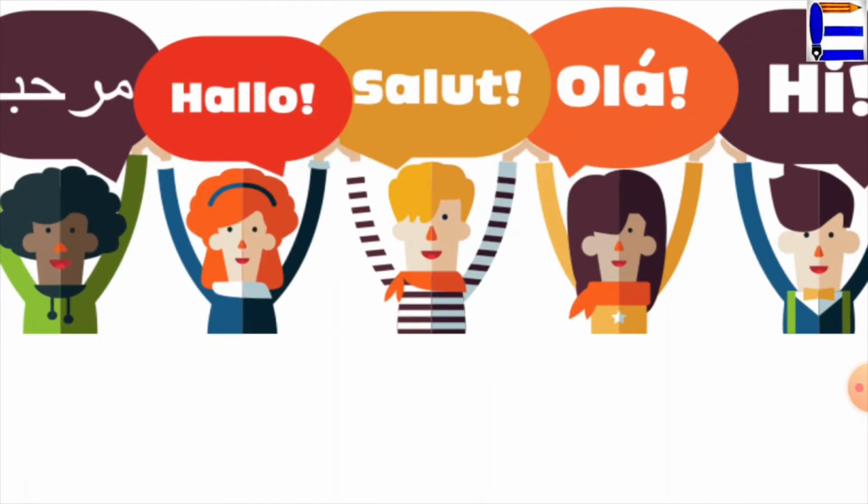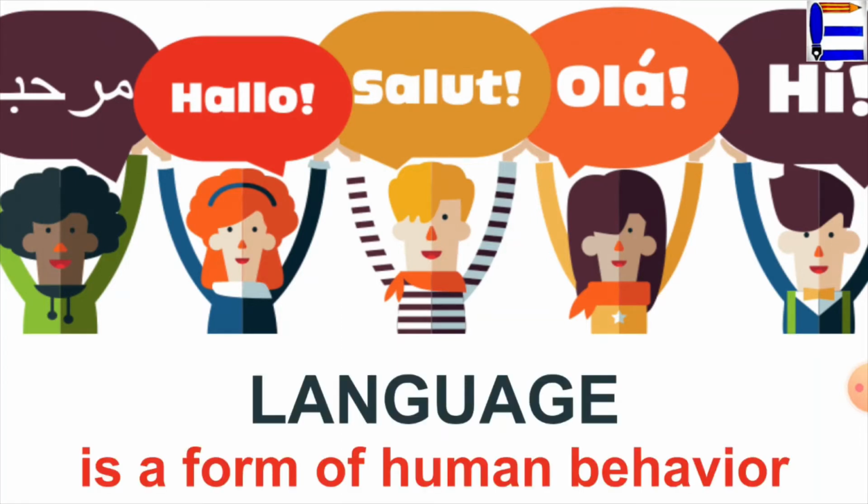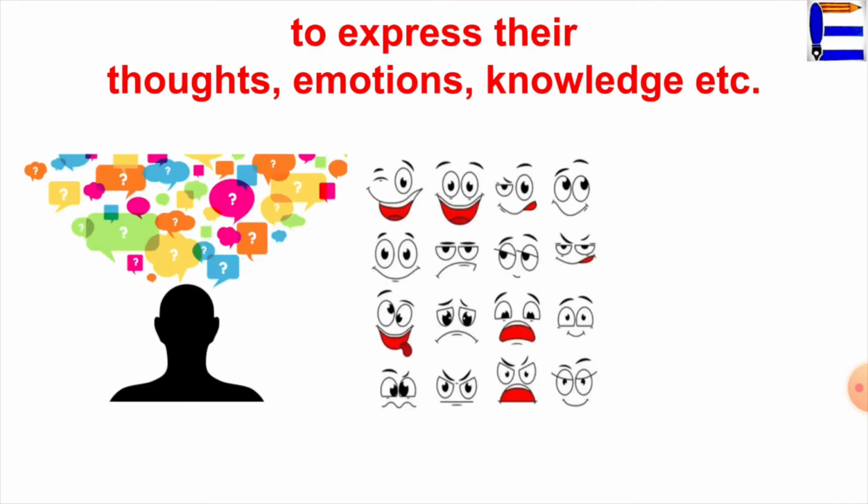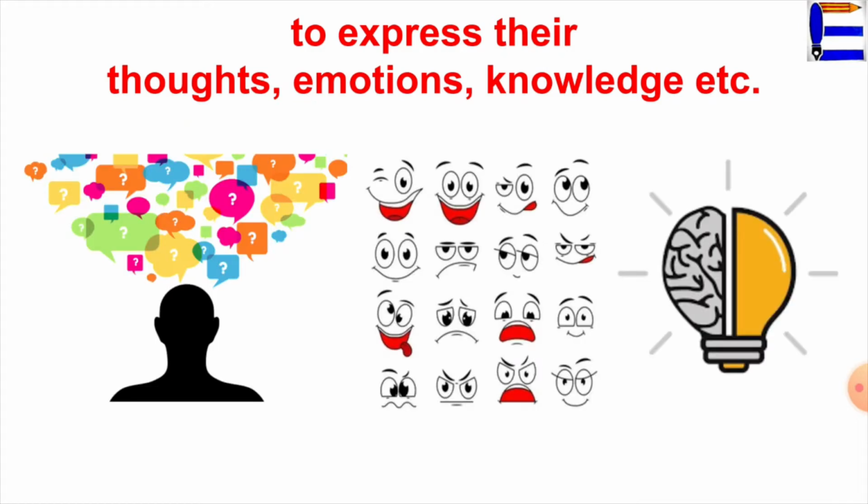Human behavior includes a variety of actions and habits. Among those, language is one. Language as a habit is the form of human behavior which we humans use as a means of communication. And why do we communicate? We communicate to express our thoughts, emotions, and of course to share knowledge as it is being done in this video.